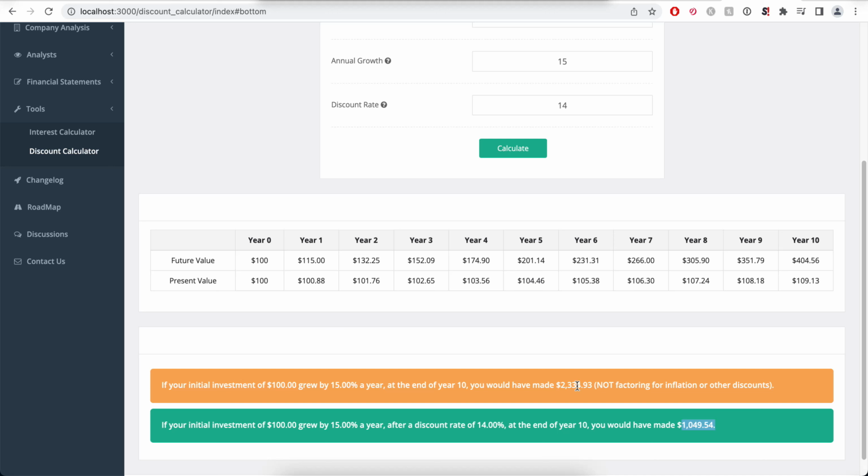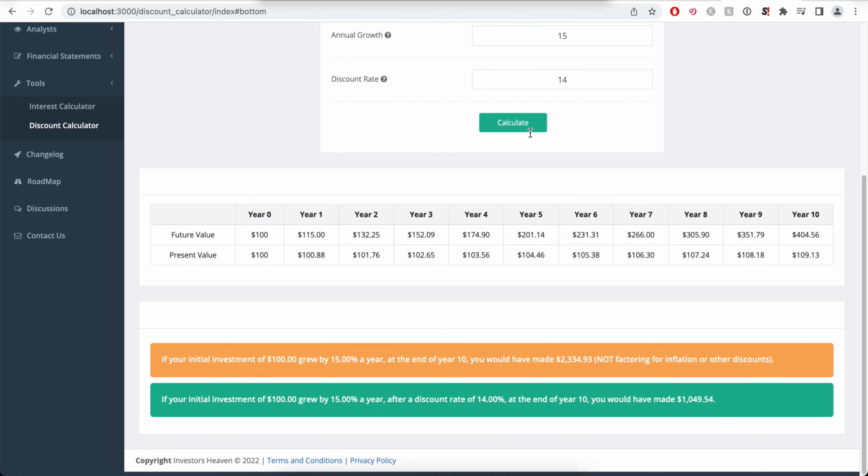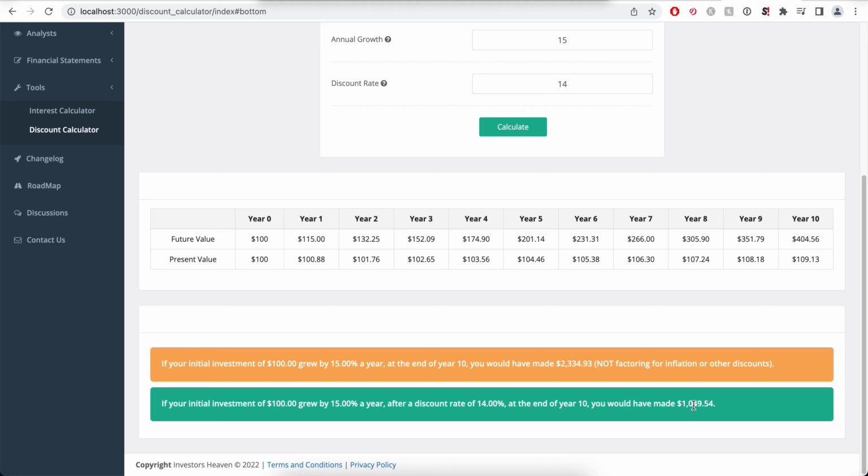But again, remember, you haven't discounted for your profit and for inflation. And so over here, the tool automatically tells you that in order to make 14% on the assumptions that the guy gave you, you need to be paying him $1,000.50. And so if you pay more, you are probably overpaying, is what the tool is telling you here. So hopefully that makes sense.